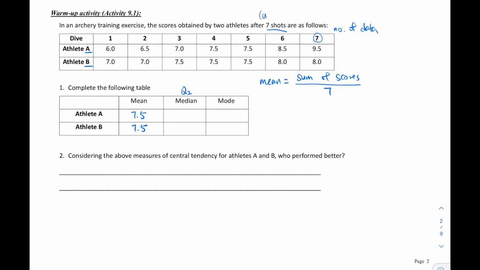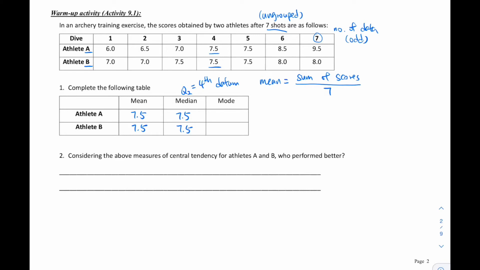Here we have ungrouped data, and there are 7 data. That means it is an odd number. So when you arrange the data in ascending order, the fourth one will be the median. So for athlete A, the median is 7.5. And for athlete B, it is the same.